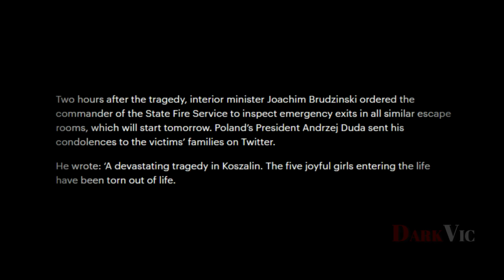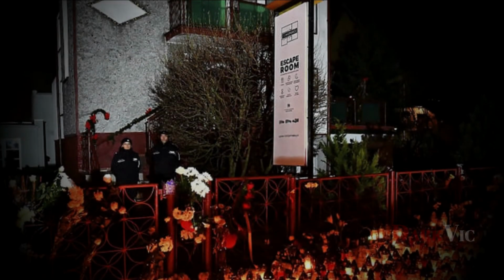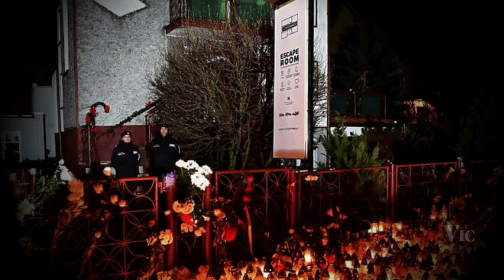The Prime Minister of the country, who called the girls' death an immense tragedy, would also hold a meeting in which they discussed with other officials around the country ways of improving safety at such entertainment venues.